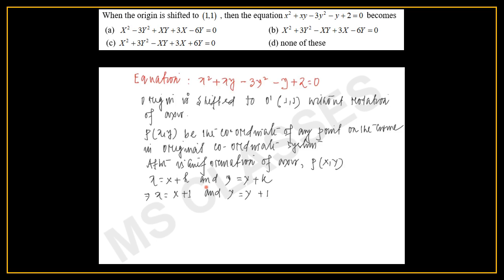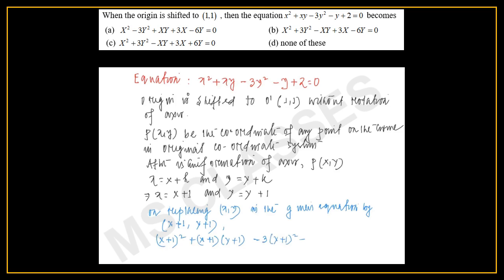Now if we replace x comma y in the given equation by capital X plus 1 comma capital Y plus 1, we get (X plus 1) whole square plus (X plus 1)(Y plus 1) minus 3(Y plus 1) whole square minus (Y plus 1) plus 2 equal to 0.